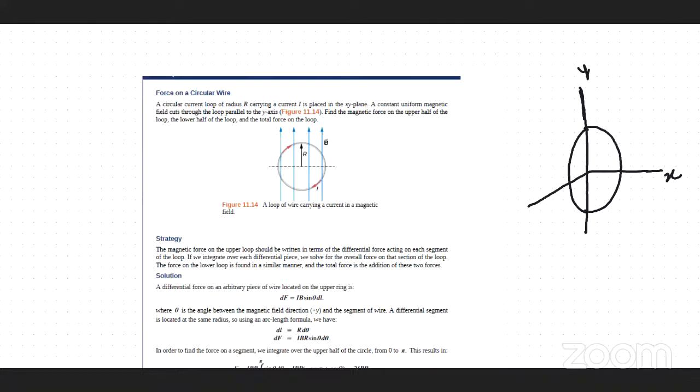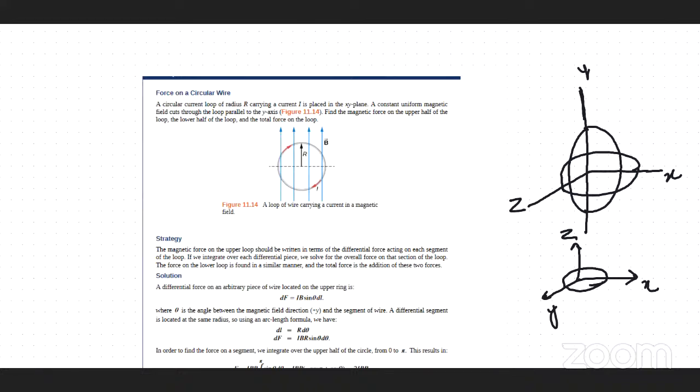The other is you can have it here also, like on the floor. Depends on what you select. And this then becomes Z. So you can keep it any way you want to, but define your X and Y. Now a constant magnetic field is passing parallel to the Y-axis.